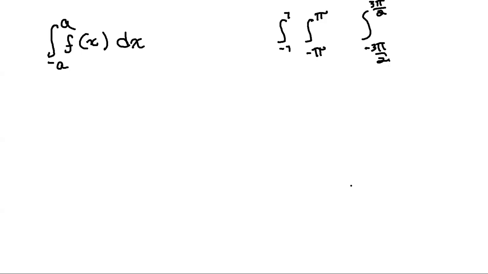You could do this by looking at the graph or doing the test where you plug in negative x instead of x into the function. Why do we do this? Well, we have rules that say you don't have to bother doing all the work.